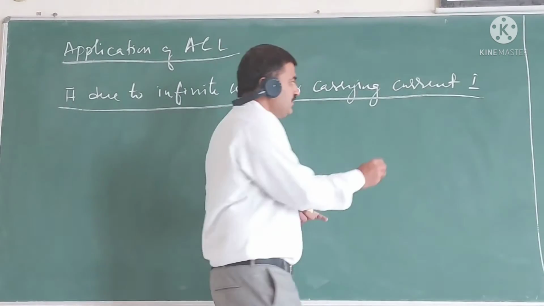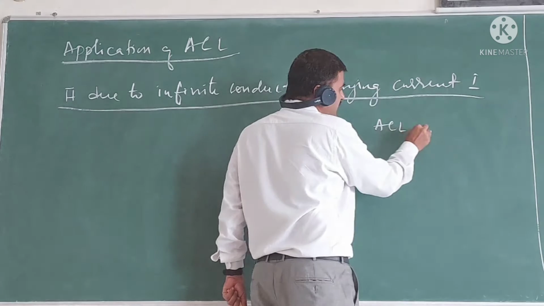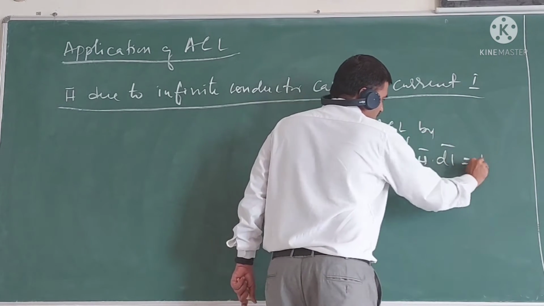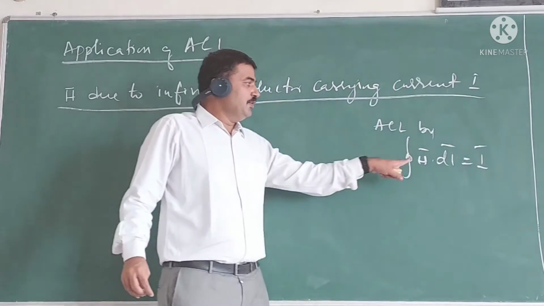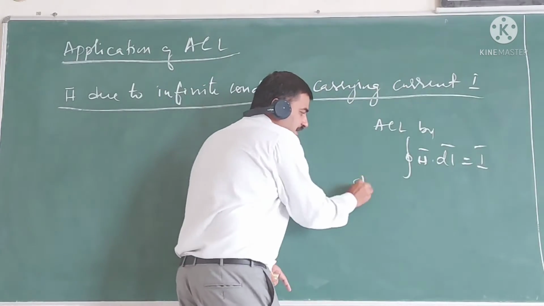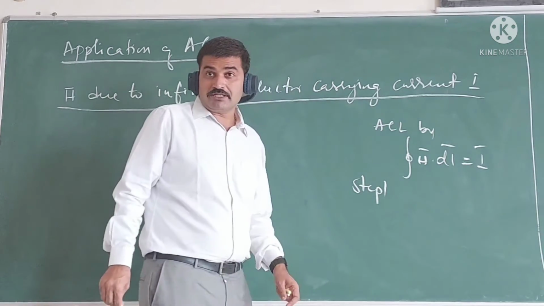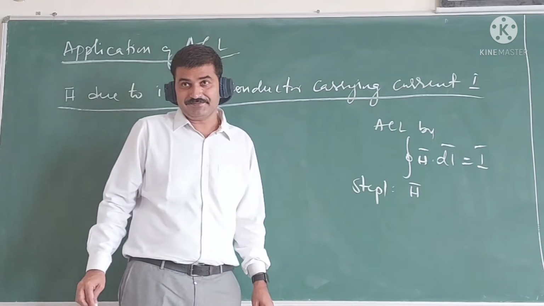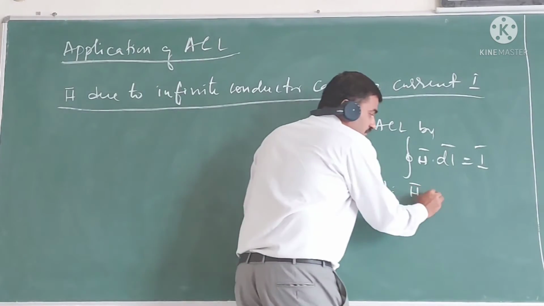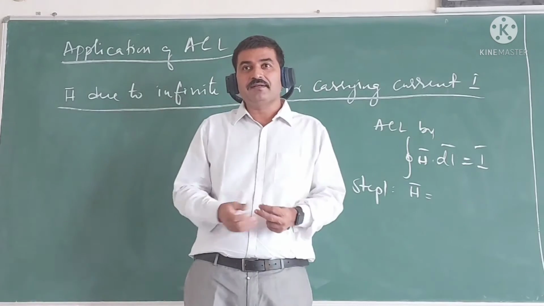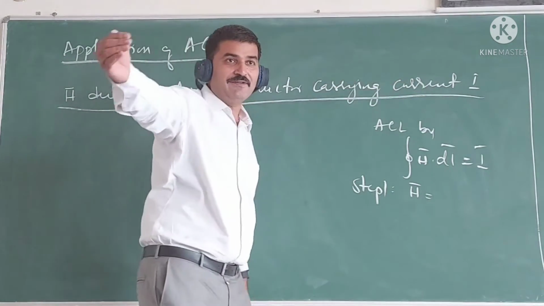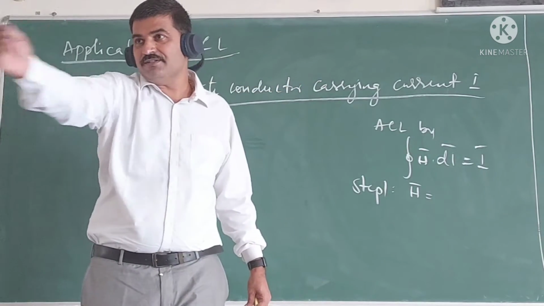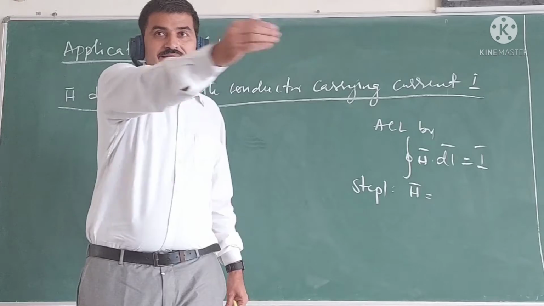Step 1 is, like how we did for Gauss law, you need to find the direction of magnetic field intensity. For example, for a conductor, the magnetic field intensity direction will be circumferential, that is the phi direction.